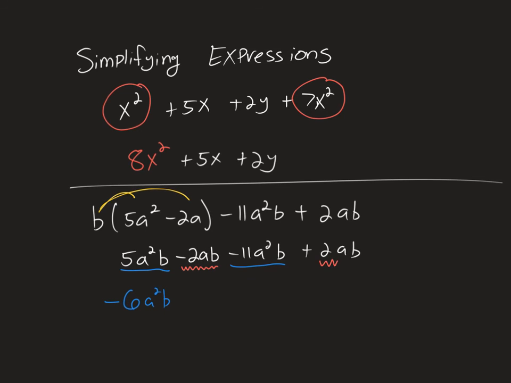Well, yeah, I have these ABs. So I have negative 2 ABs, and I have positive 2 ABs. Well, negative 2 of something and positive 2 of something, they kind of cancel each other out. So we could say plus 0 AB, but in reality, we don't even need that, right? So our final answer, which is really handy, is negative 6a squared b.